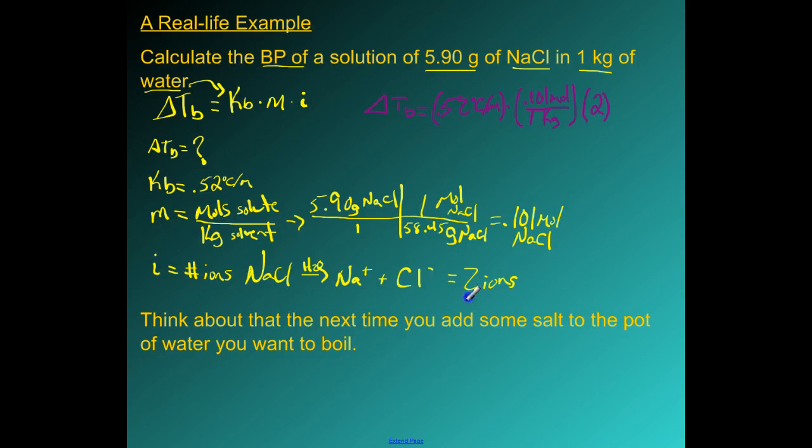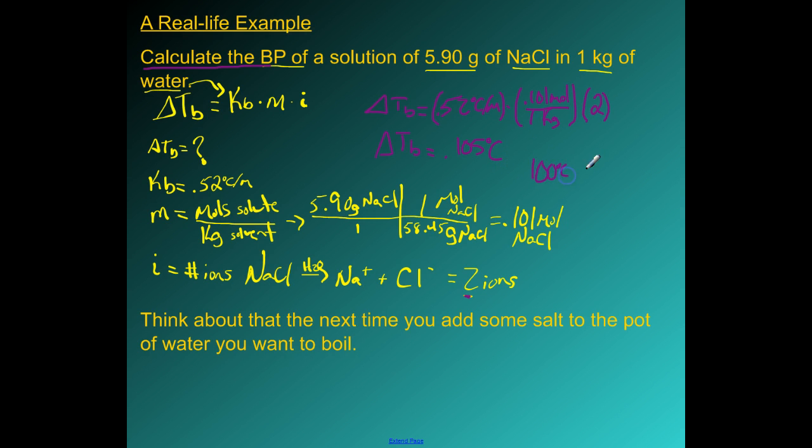solution. And type this in our calculator, and we will end up with delta T_b, the change in boiling point, to be 0.105 degrees Celsius. That's the change in boiling point. The problem wants to know, calculate the boiling point of a solution. Well, we know pure water boils at 100 degrees Celsius.